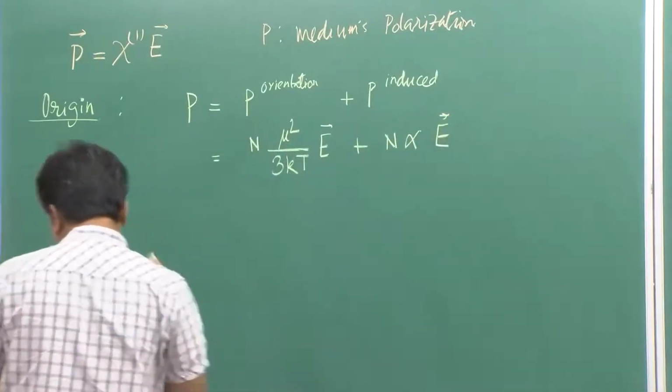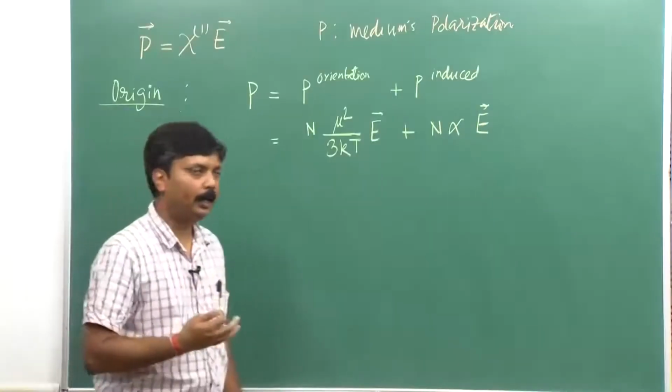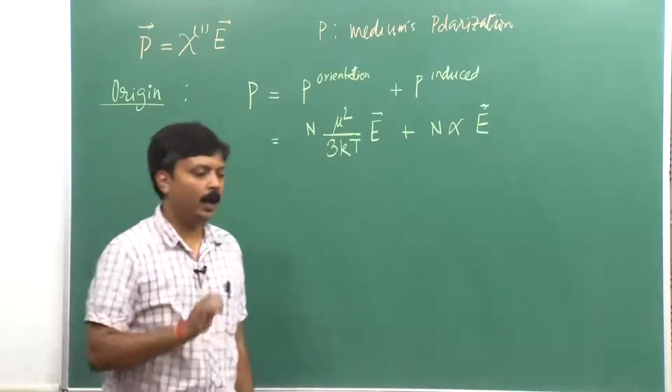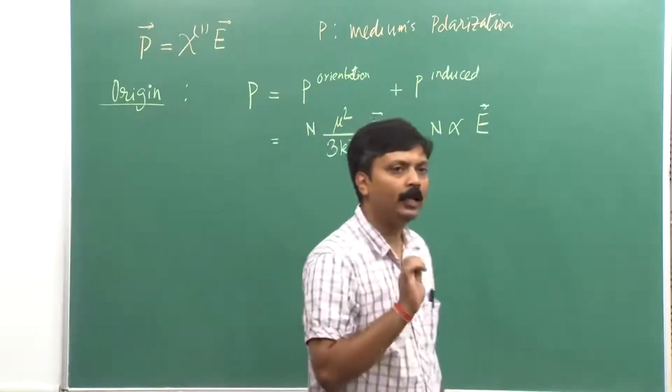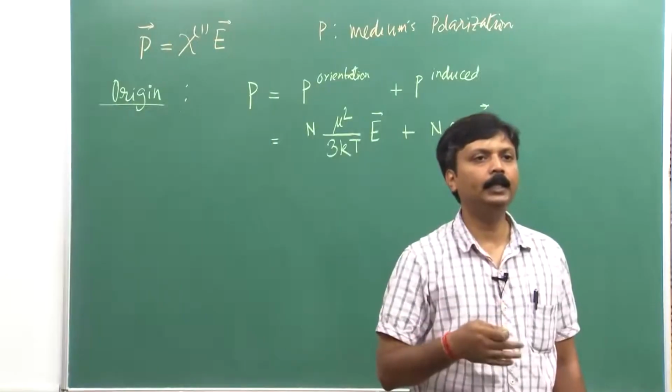Right. So when we take a dielectric and allow the light to interact, it is the electric field of light which will interact. And what part of the material will interact with light? It's essentially the electrons.